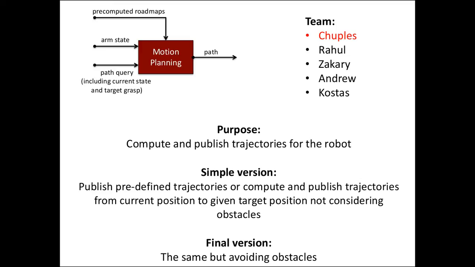So the purpose of this model is to compute a trajectory with a sequence of arm states and times. In the simple version, we are going to publish predefined trajectories or compute and publish trajectories from the current position to a given target position, not considering obstacles. In the final version, I'm going to do the same, but avoiding obstacles.